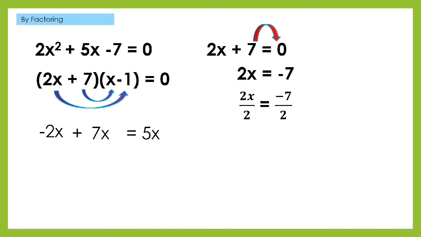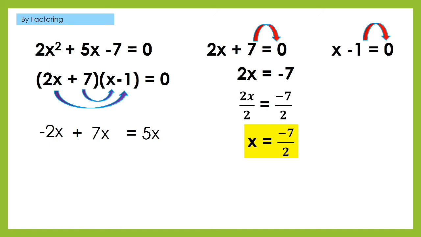So, we will divide both sides by 2. We have 2x over 2 equals negative 7 over 2. Simplify. Okay, 2x over 2. So, 2 divided by 2 is 1, so x na lang. And then, equals negative 7 over 2. This is the first root or solution.